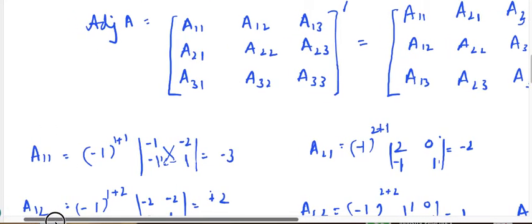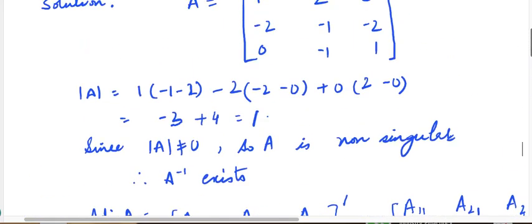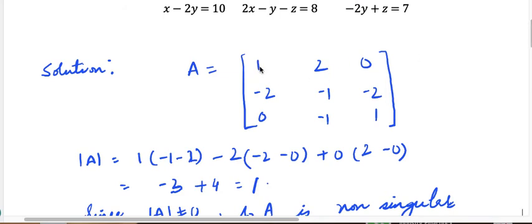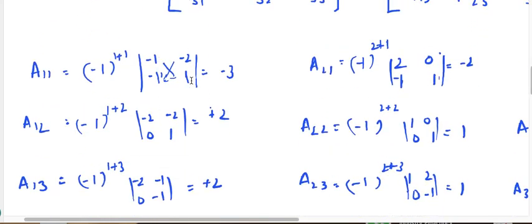A11 is minus 1 to the power 1 plus 1, times minus 1 minus 2 minus 1 minus 1, which is minus 3. In front of every cofactor you have to write minus 1 to the power of the sum of the subscripts: here 1 plus 1, here 1 plus 2, and so on. And cofactors are found just like in determinants, by hiding. If I want to find the cofactor corresponding to 1, hide this row, hide this column, and you will get minus 1 minus 2 minus 1 in this small determinant of order 2, so it is minus 3. Similarly for a12, hide the row and column containing the element a12, write the leftover elements over here, and you will get this, and so on.